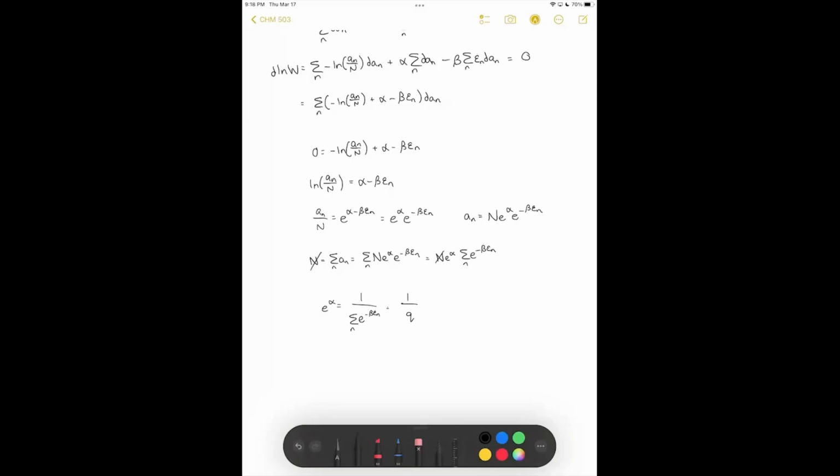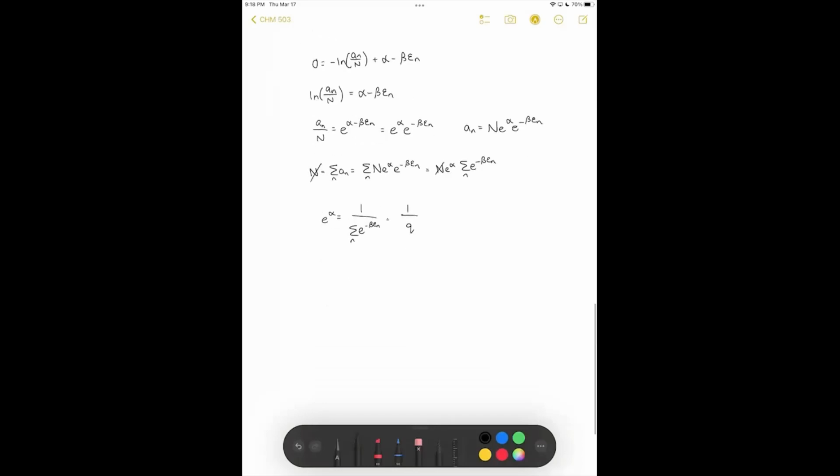Why does this matter? Why have we gone through the process of doing all of this? Well, let's consider what our goal was. Our goal is to figure out what the most likely distribution is. And now what we have is something that reflects n. So for example, if we wanted to know the probability of observing a molecule at a certain energy level, that would simply be the number of molecules at that energy level over the total number of molecules.